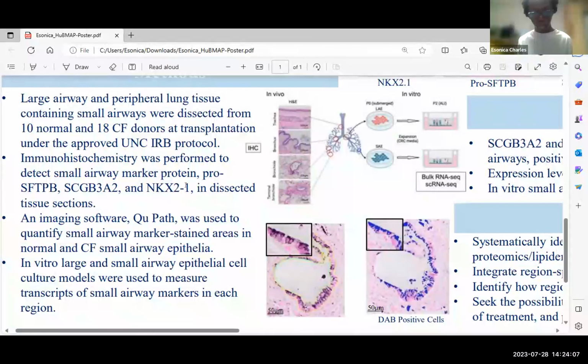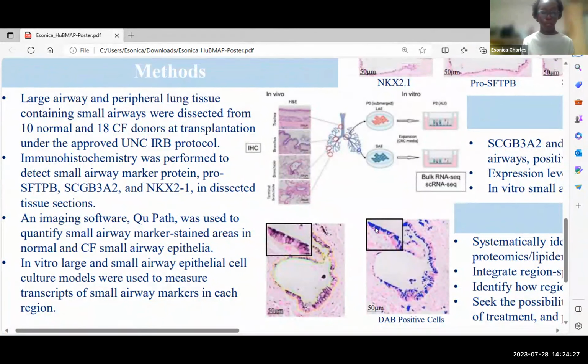Here on the right, this is what an image looks like after it's been scanned through a slide scanner. And here's how QuPath recognizes the DAB positive cells for our calculations. Finally, for in vitro large and small airway epithelial cell cultures, we measured transcripts of small airway markers in each region.